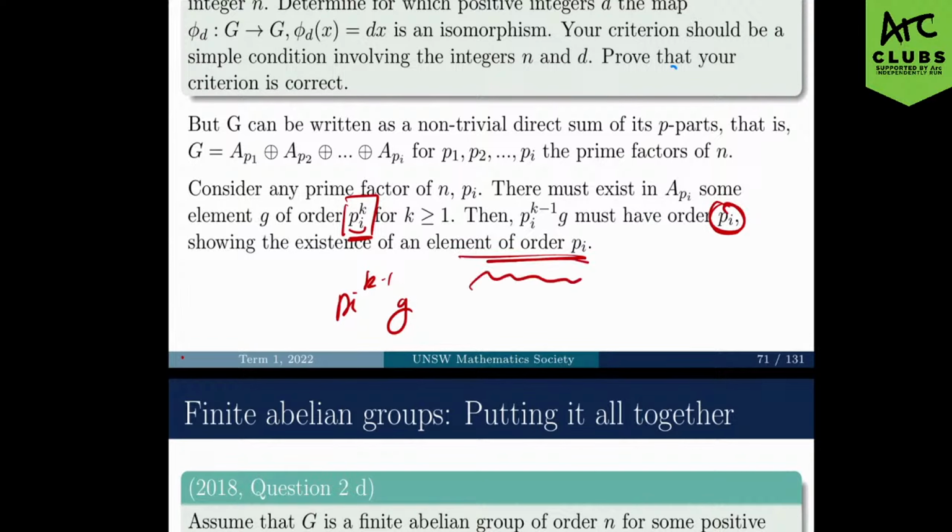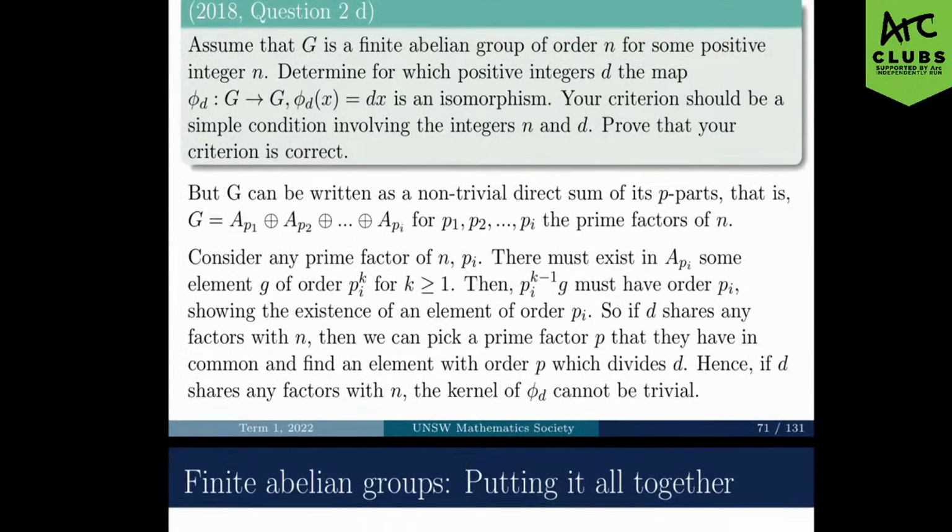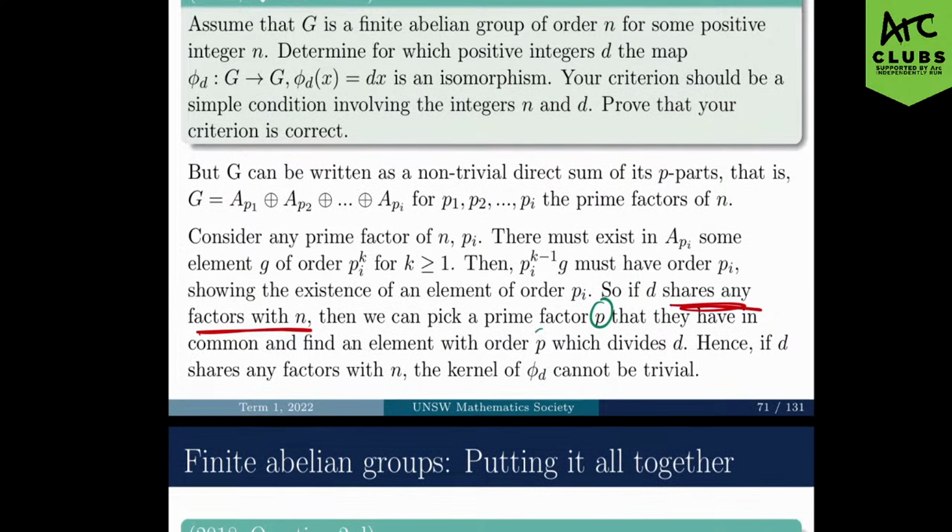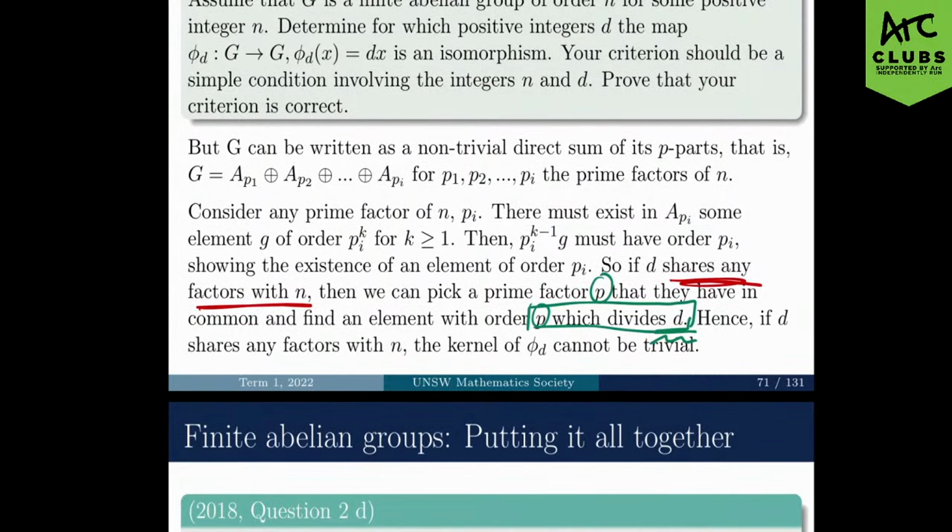Which means that almost certainly, if d shares any factors with n, then we can pick one prime factor that they have in common, and then find an element with order p, where p divides d. Which means that the kernel of pi_d cannot be trivial.